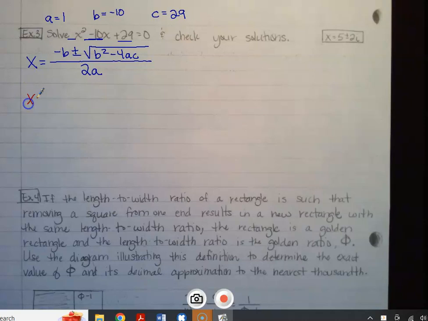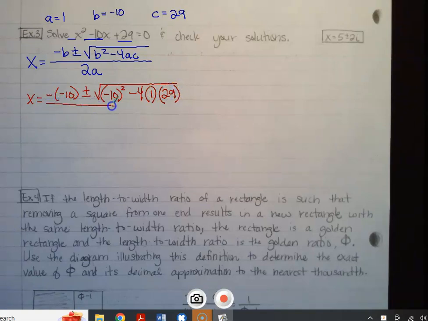So x equals negative, and our b is negative 10, so negative and then a negative 10 in there, plus or minus the square root of b squared, so negative 10 squared minus 4 times a, which is 1, times c, which is 29, all divided by 2 times a, which is 1.